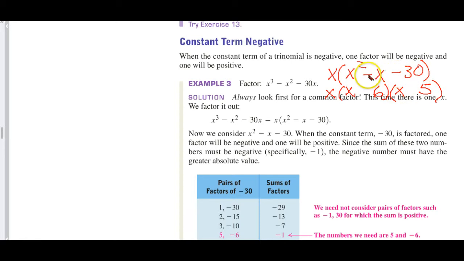And since our middle term is a negative, the larger of our n terms will be negative. The other will be positive. And how do you check it? You check it by the FOIL. So your outers are 5, inners negative, and you end up with a negative 1, and that is correct.